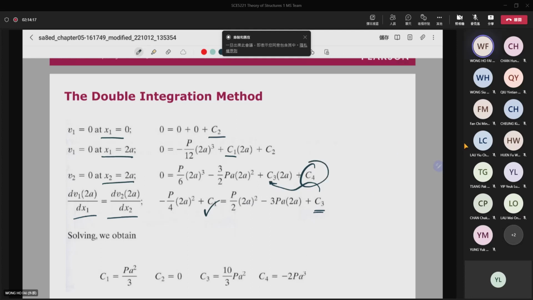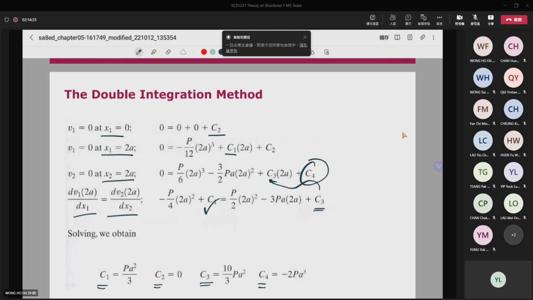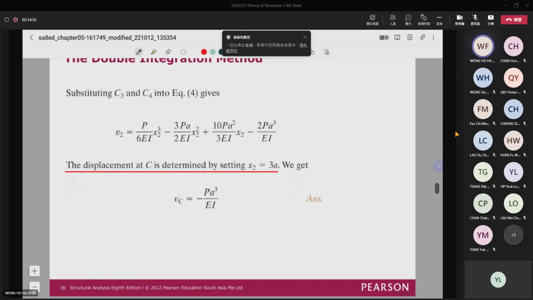And then from that, you can get C1 is equal to PA squared divided by 3. C2 is equal to 0. C3 is equal to 10 over 3 PA squared. And C4 is equal to negative 2 P times A cubed. Then this is the equation for the deflection.